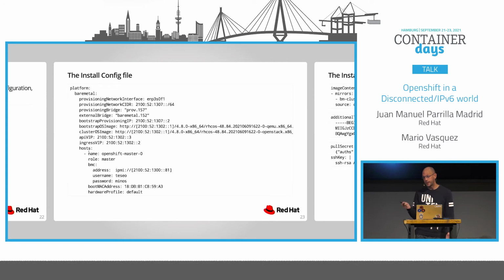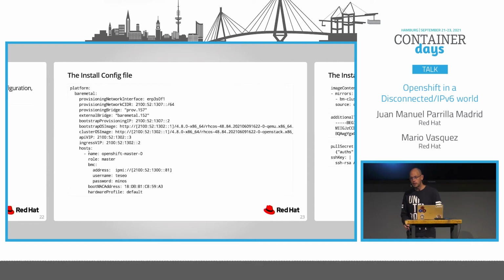So yeah, we just need to put the name of the interface that we will use on the network. And Bootstrap provisioning IP, this is the IP that the Bootstrap node will use. Bootstrap node will be something like a virtual machine that runs on the helper node. It lives on libvirt, and yeah, it will take that IP.